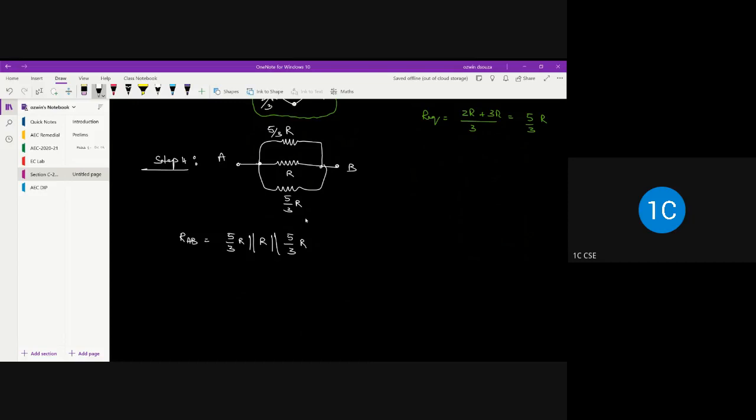So RAB, we can find that using this formula: 1 by R equivalent is equal to 1 by R1 plus 1 by R2 plus 1 by R3.